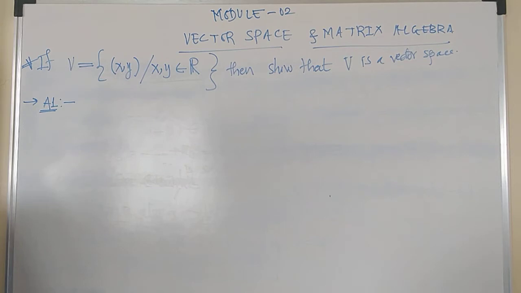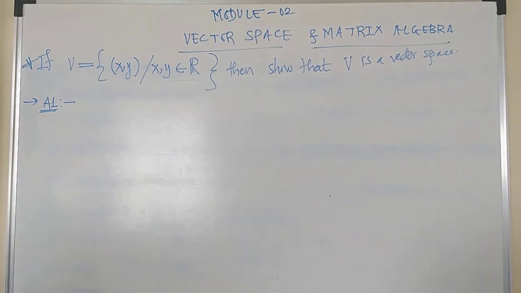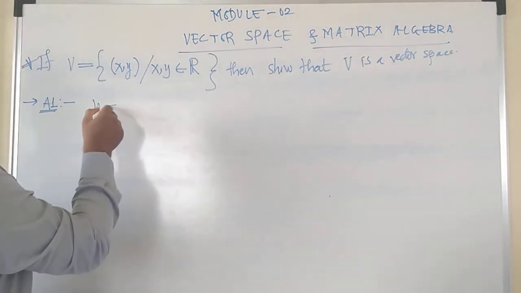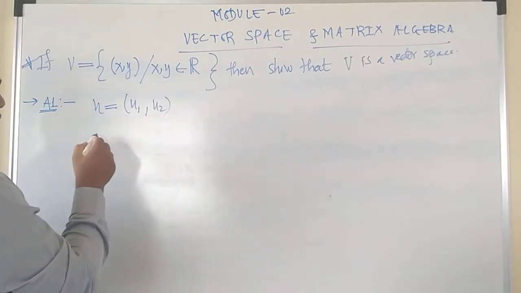and if you are able to write these vectors as u plus v in a bracket plus w is equal to u plus v plus w in the other bracket, then the given axiom is followed, right? So let's take the 3 different vectors here. Let us say u is a set of vectors u1 and u2.